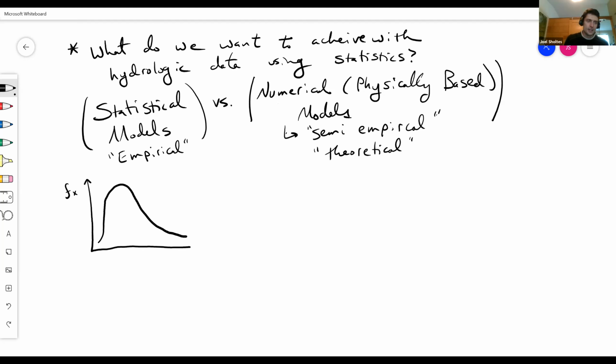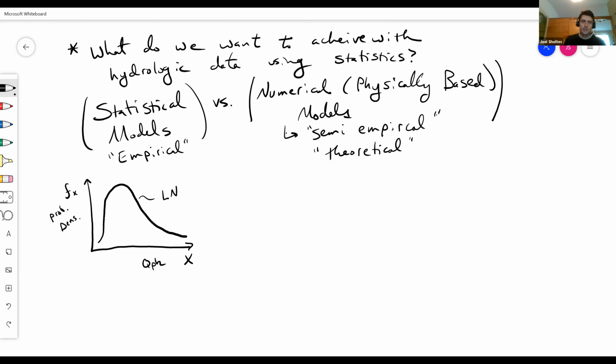This is probability density on the y-axis, and this would be our random variable x, which could be, for example, peak flow or something like that. And this is a model, meaning it's an equation, right? It could be the log normal distribution, could be the, we'll talk about some other distributions.